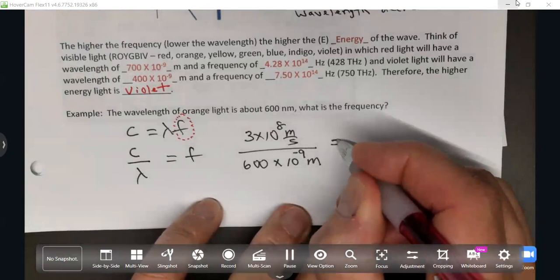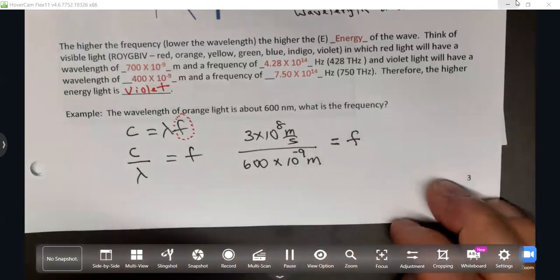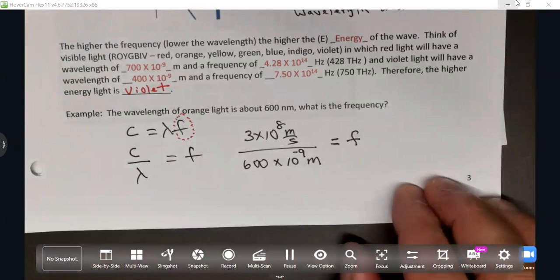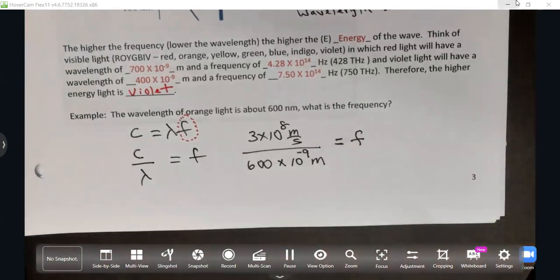Now grab your calculator, make sure you're putting this in your calculator correctly. Everybody's having a winner day when they have their calculator going. Grab your calculator, punch this in.